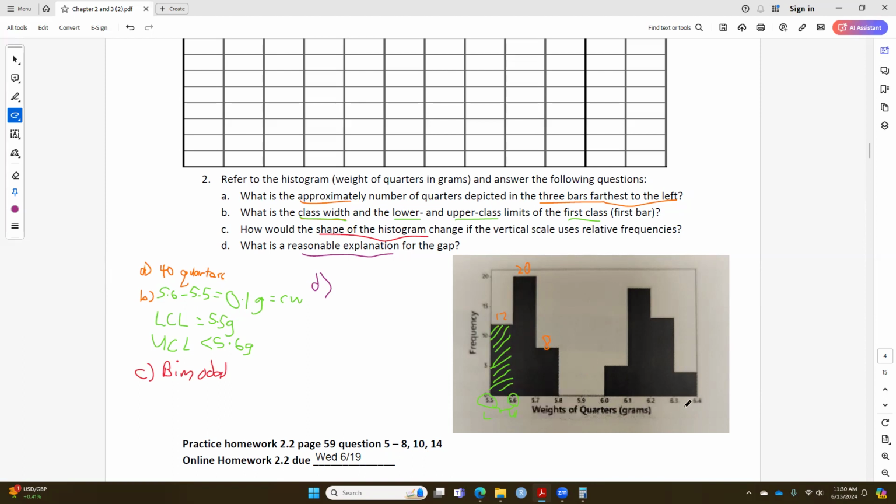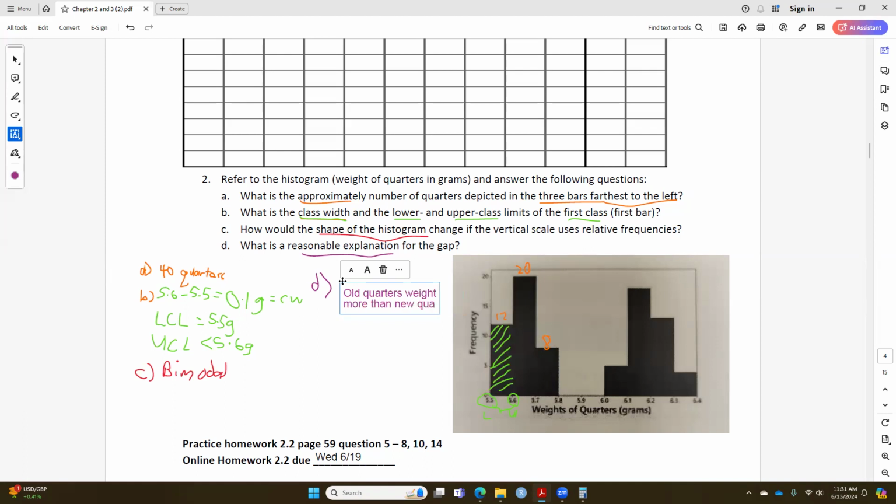Now, this is the weight of the quarters. So one of the reasons is because of the age of the quarters. I'm going to type this out because it's quicker to type than to write. Sometimes old quarters weigh more than new quarters.